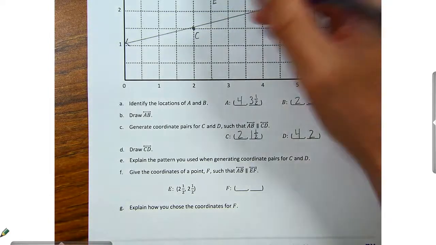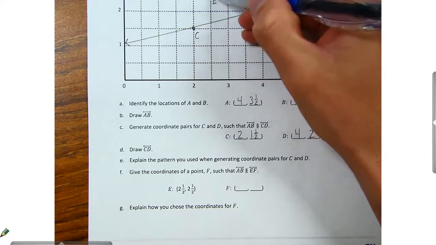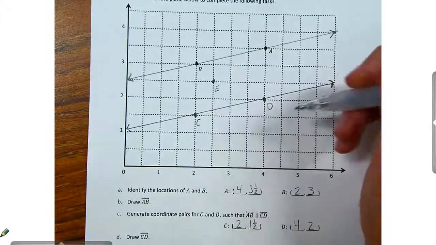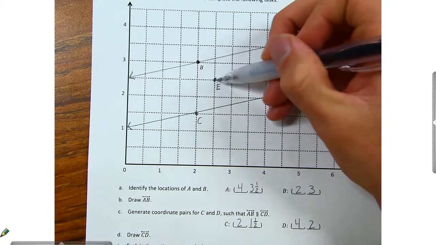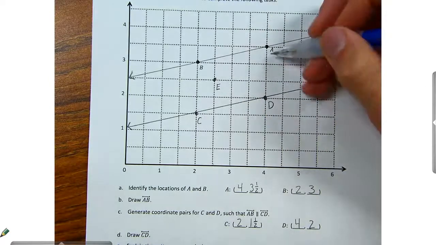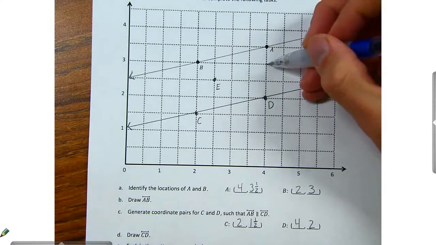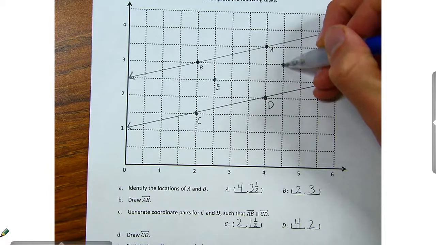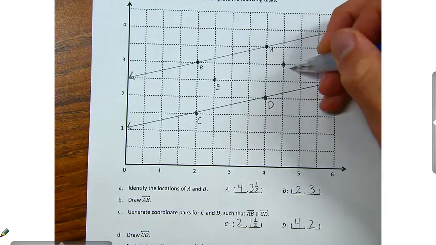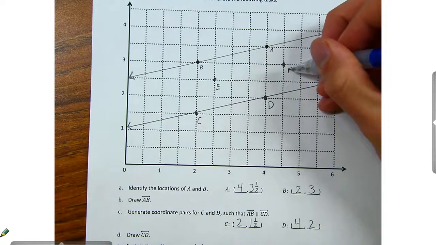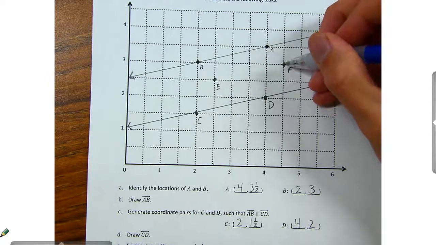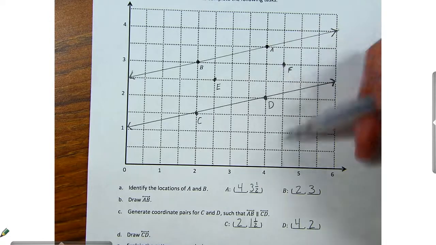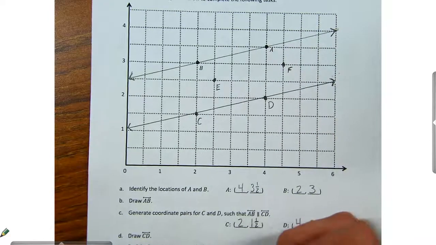So B has to move down 1 and over 1 to get to E. So A will have to move down 1 and over 1 to get to F. And this coordinate here will be 4.5, 3.